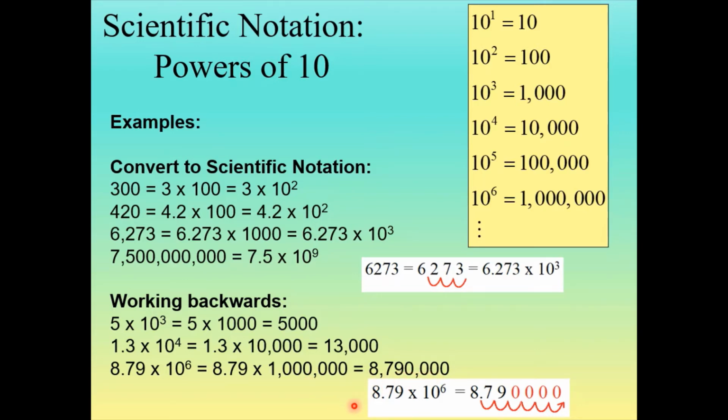The other way to do this is we can start with this number here, and we know we have 6 zeros. We have to move the decimal point here 6 places to the right. So if I start here where the decimal point is between the 8 and the 7, I count over 1, 2, 3, 4, 5, 6, and then I fill in all those spaces with zeros to get the same result here.